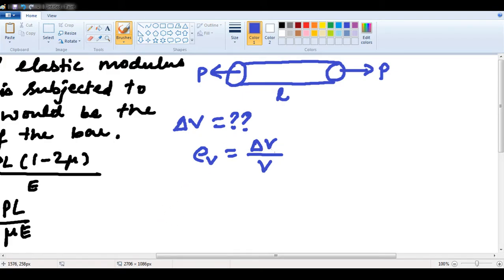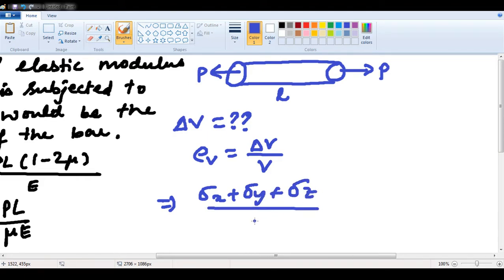This change in volume by original volume is nothing but volumetric strain. We know strain is nothing but (sigma x + sigma y + sigma z) by E times (1 minus 2 mu). We have just derived this in our last class. This is dV by V.